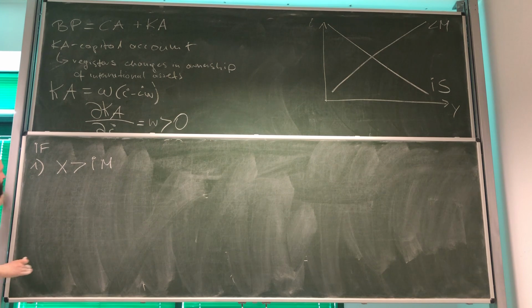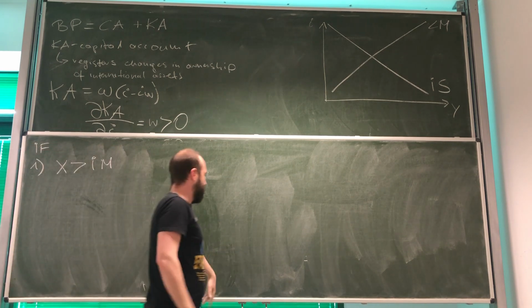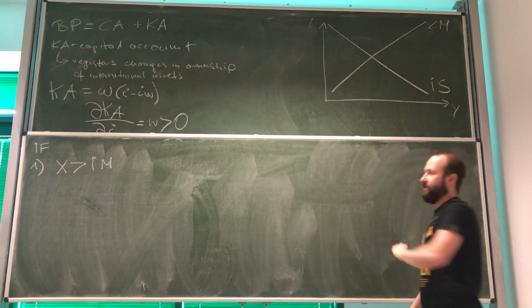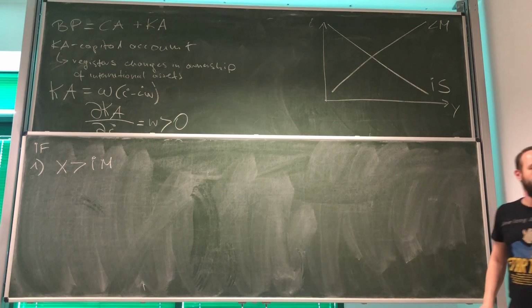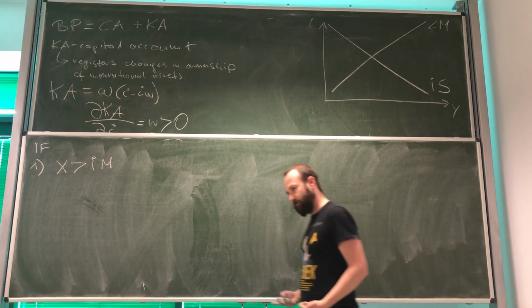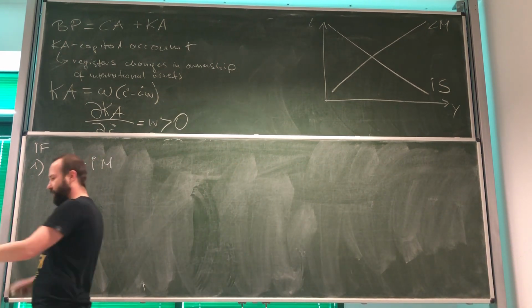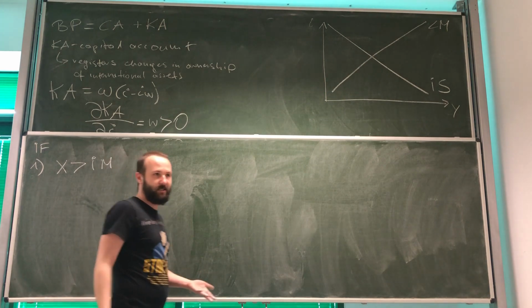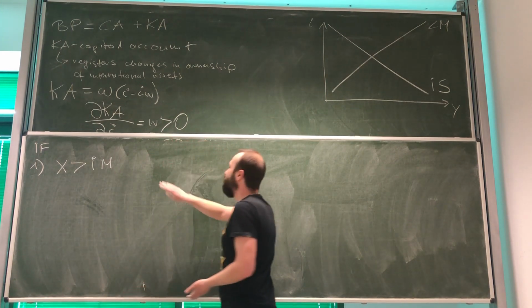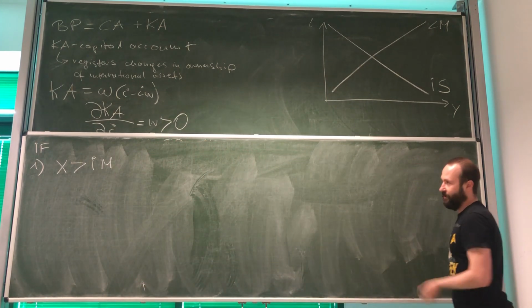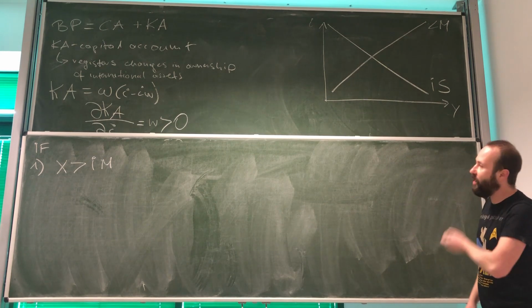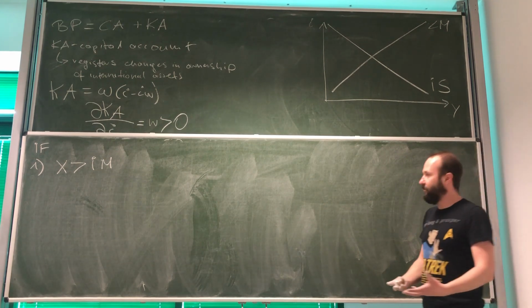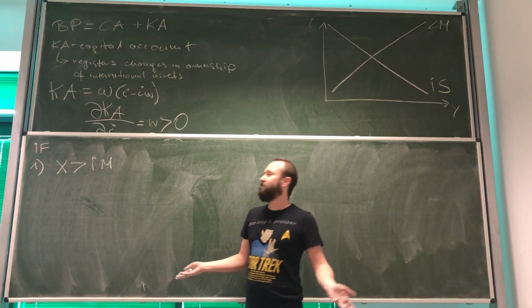What does it mean? It means that foreigners buy more of our goods than we buy of their goods. So, who needs more of somebody else's currency? Well, of course, in this case, foreigners need more of our currency to buy our goods than we need theirs, right?